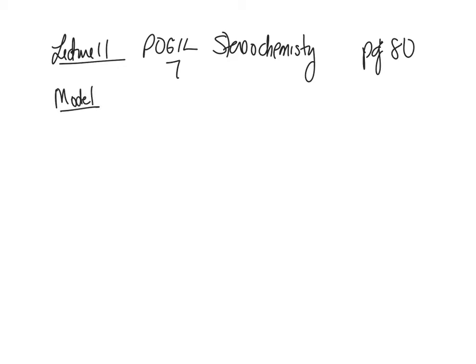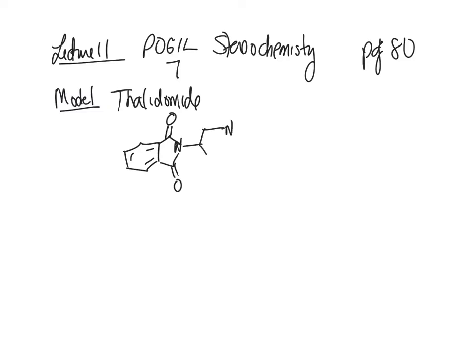and stereoisomers of thalidomide. Now, when I worked on my master's degree at the University of Louisville, I synthesized thalidomide metabolites. Metabolites are what the body converts these molecules into in the liver.